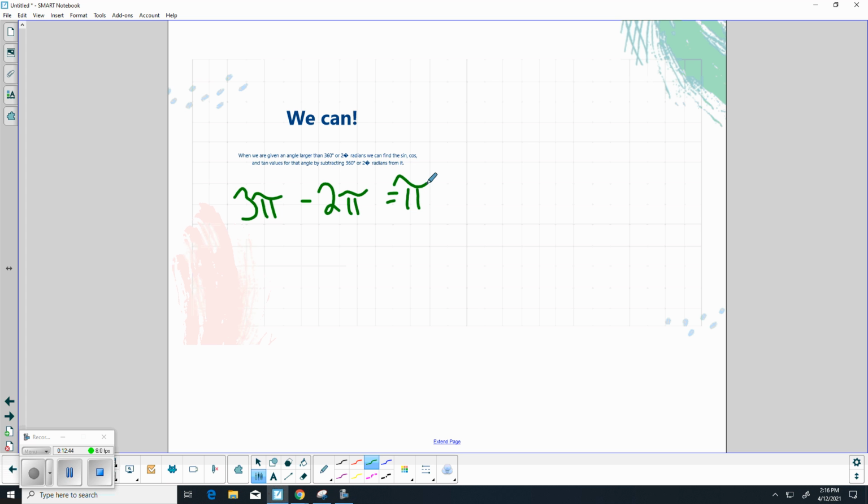And then we would use this value right here to find the sine, cosine, and tangent values for 3 pi. And same thing with a number that's bigger than 360. So let's say we have 540. That minus 360, we would get 180, and then we would use that value.